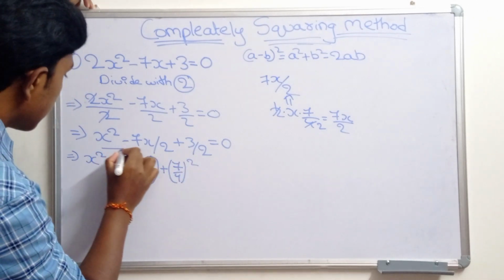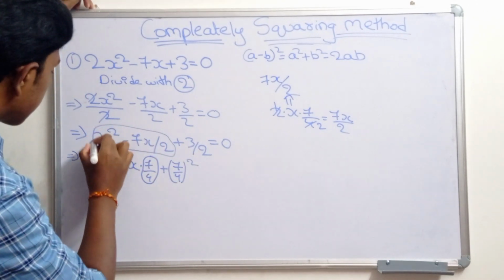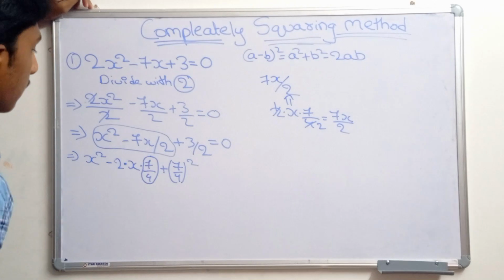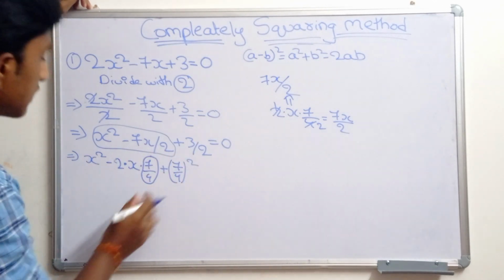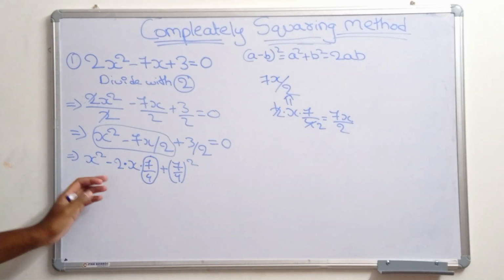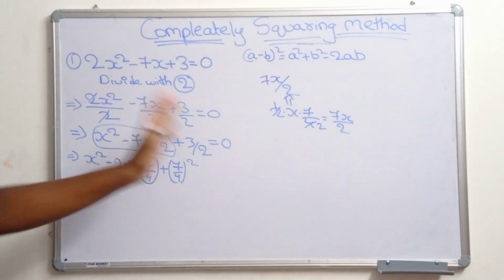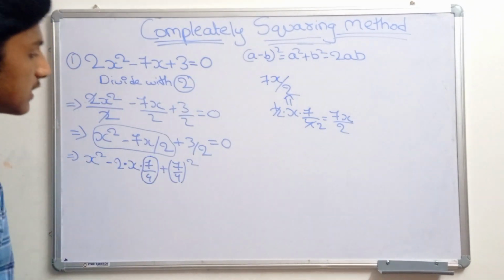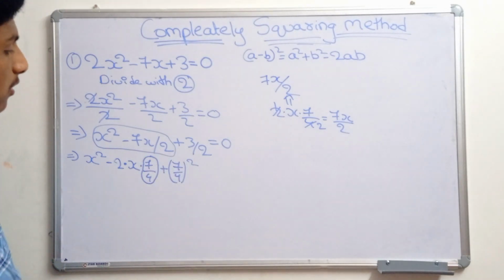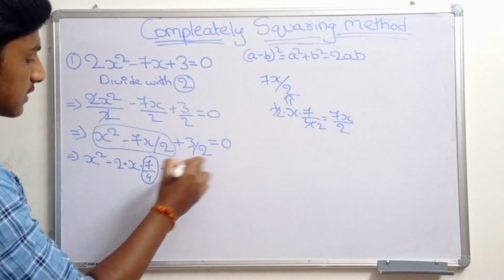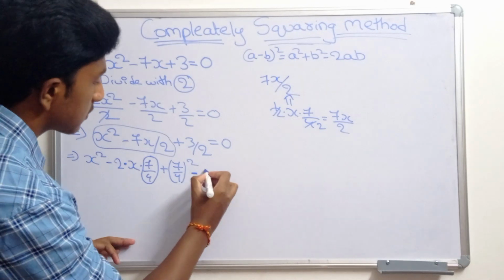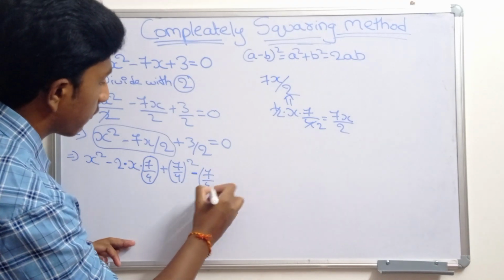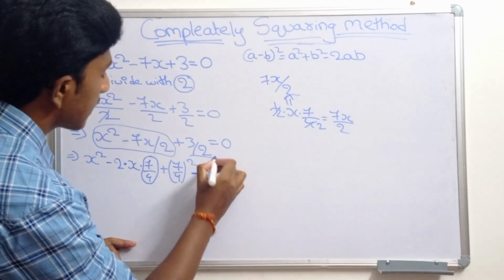So we have written this complete part in this way, by elaborating it in the a minus b whole square formula. And if you add 7 by 4 whole square this side, you should also subtract minus 7 by 4 whole square, and write the term as it is here.